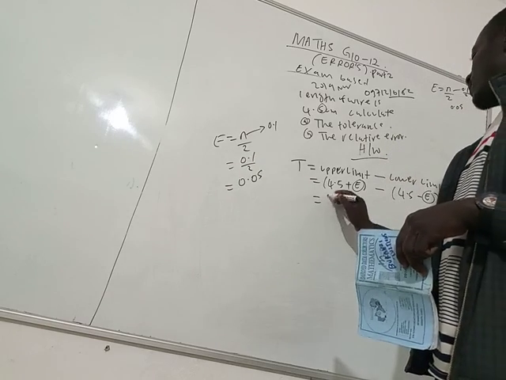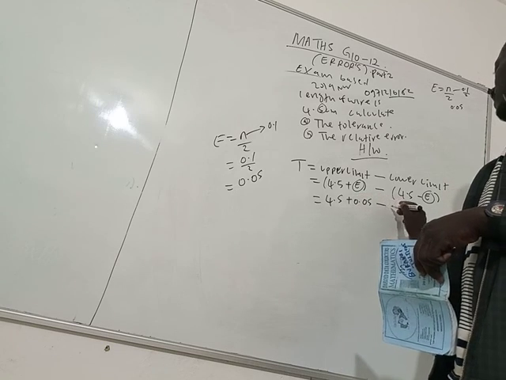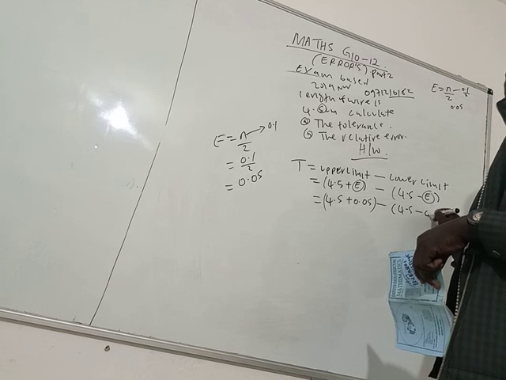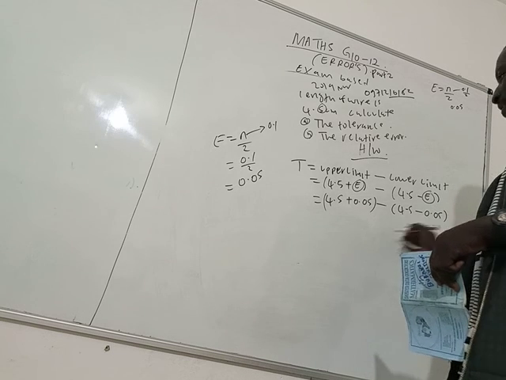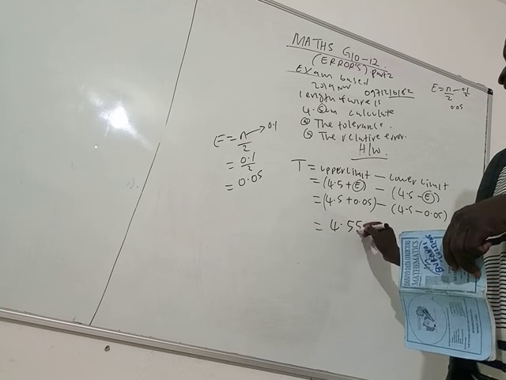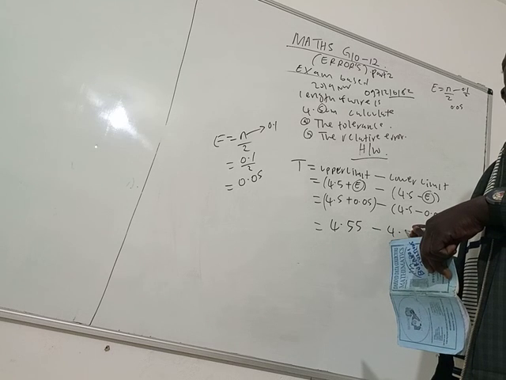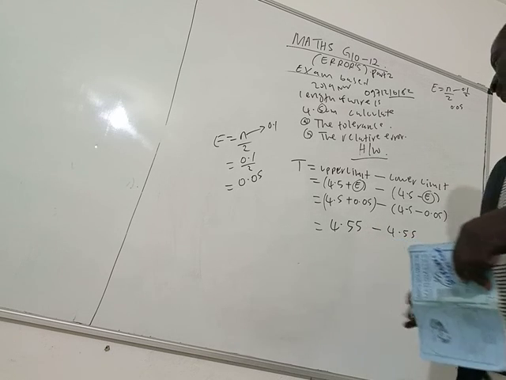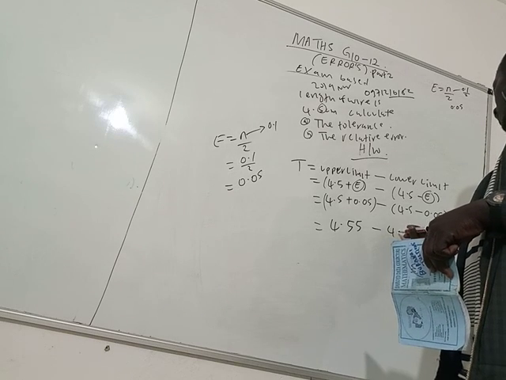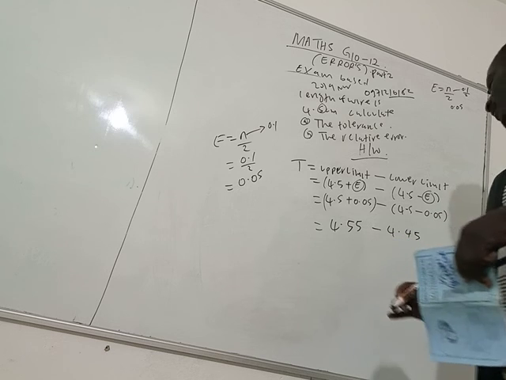So we are saying 4.5 plus 0.05 minus 4.5 minus 0.05, the same error. We are subtracting, sorry. So it will give us 4.45.